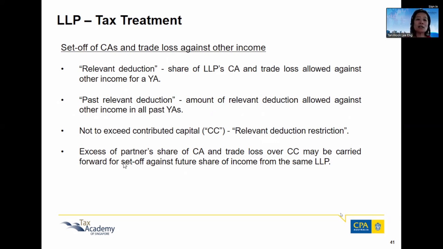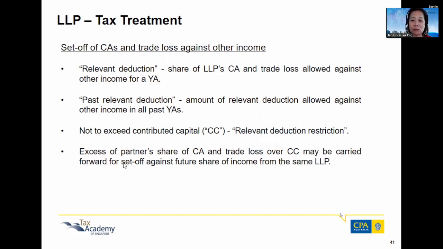Relevant deductions are all those CA losses that are allowed against the other income for a YA. Past relevant deductions are all those past YA deductions that were given, not to exceed contributed capital.